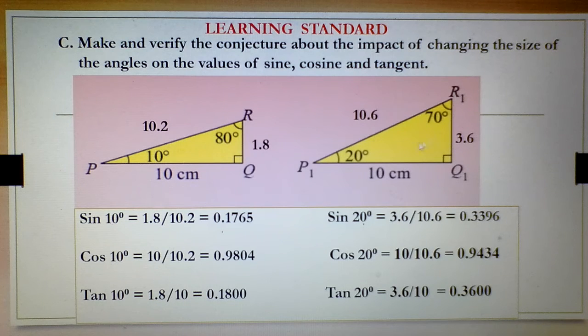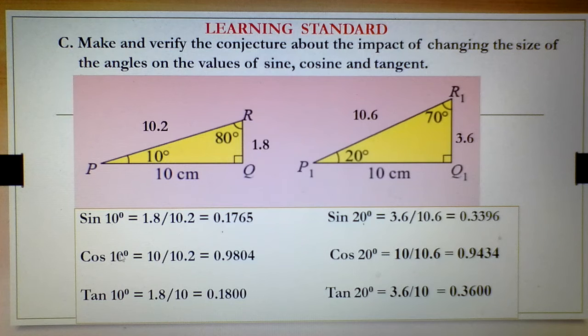I hope you already know how to use that formula. Sine 20, 3.6 divided by 10.6, so 0.3396. So what I want you all to see here is that when we increase the angle for sine, the value of the sine also increases. Okay, so meaning when the angle increases, the value of sine also increases.